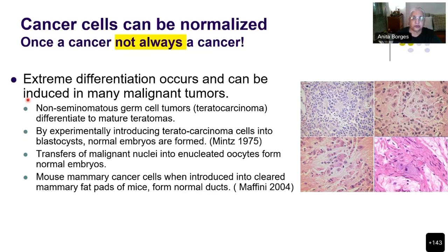You take an ovum, obviously we do it in animals, we're not doing it in human beings, and you take out the nucleus of that ovum, and then you transfer the malignant nucleus of a cell. And you know what? You don't get a malignancy, you get normal embryos. Now that's very interesting, isn't it? You take teratocarcinoma cells and put them into blastocysts, and they form normal embryos. You take nuclei and put them into enucleated oocytes, and you get normal embryos.